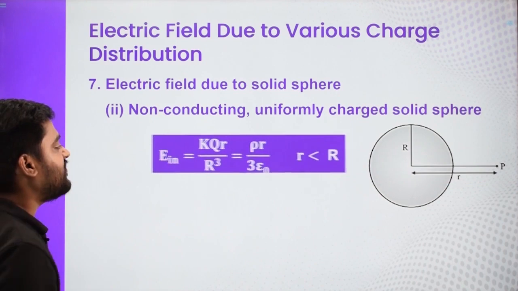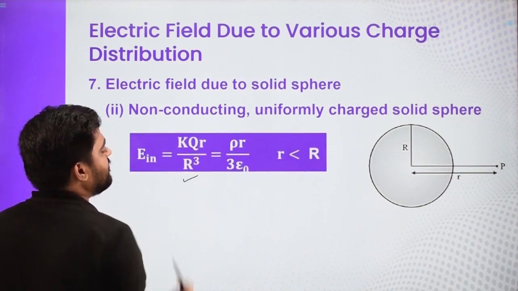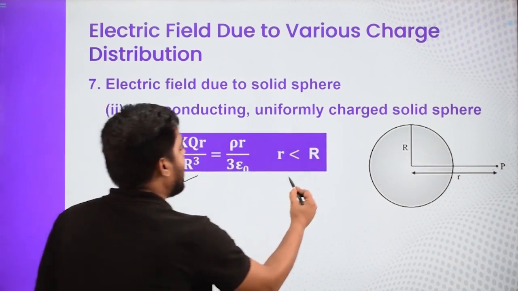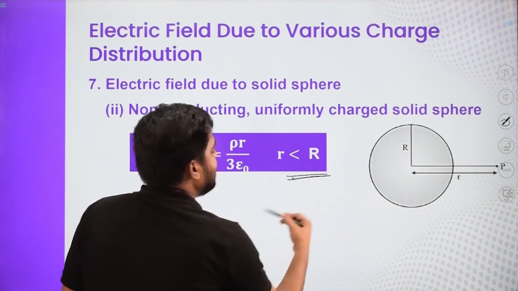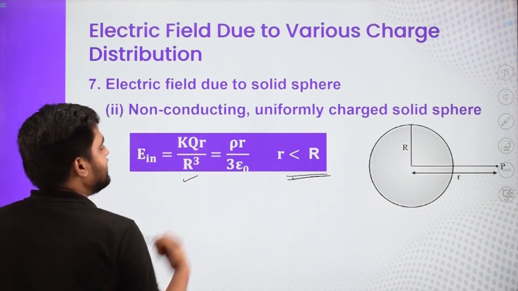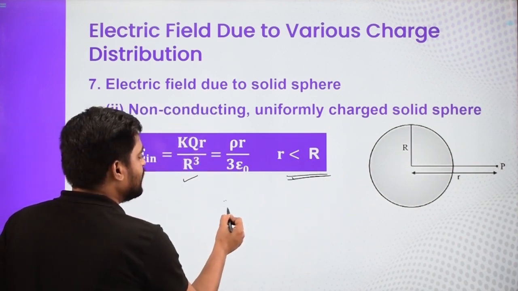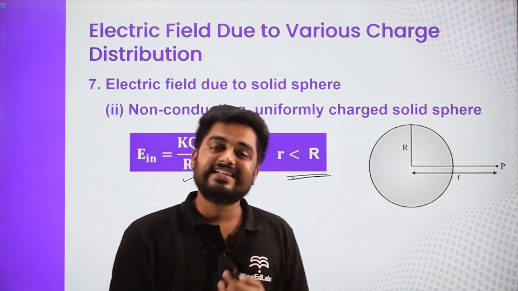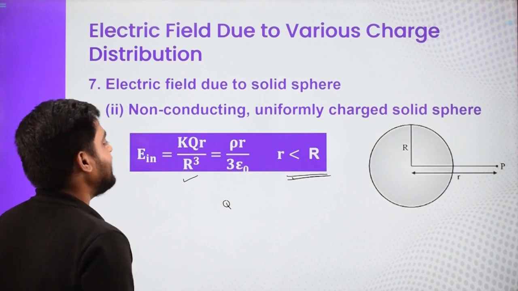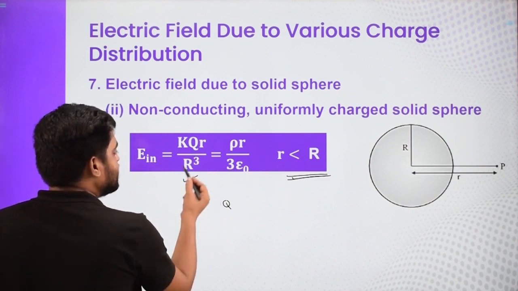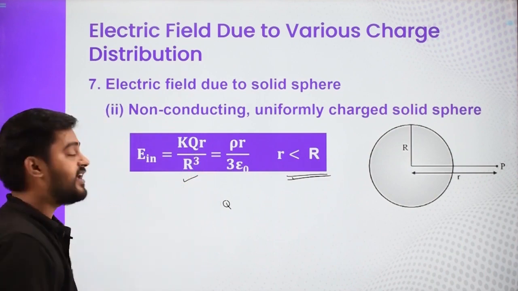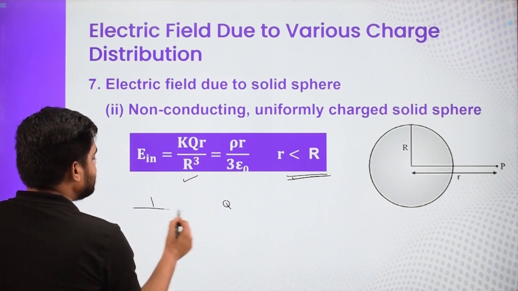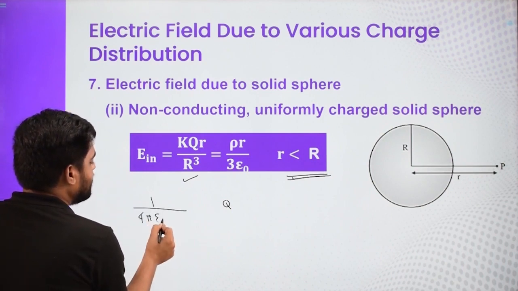So this is the formula which we just did, that KQR by R cube for a point R less than capital R. What about this? So if you do this Q, what is rho? Rho is the volume charge density, that is total charge upon total volume. So if you write Q by, just divide it with 4 by 3 pi R cube. So this is K, which is 1 upon 4 pi epsilon naught.